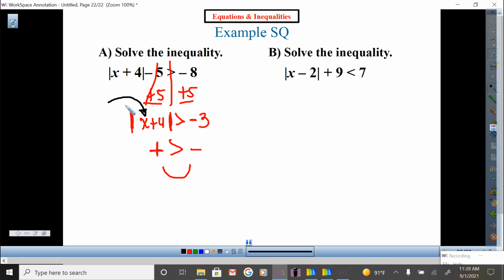So whenever you encounter an absolute value greater than a negative, my solution set is x such that x is equal to this symbol, which means all real numbers. Because it doesn't matter what I substitute in here, this will always be true. Copy that, please.